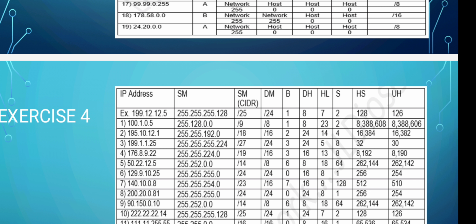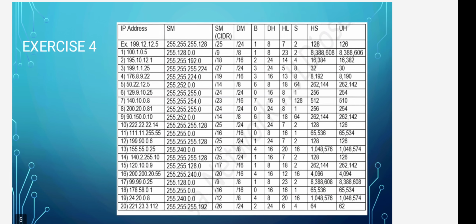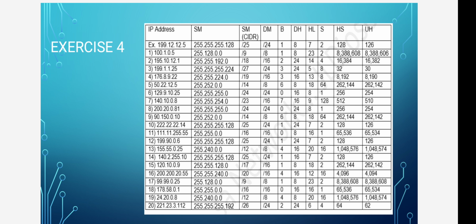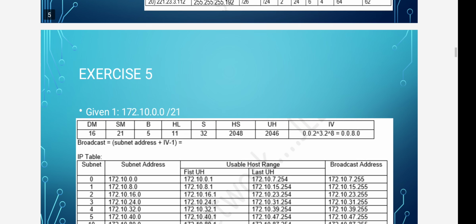And for the usable hosts, you just need to subtract 2. So 8,388,608 minus 2 is equal to 8,388,606. So upon getting that, you can get all the answers for problems 2 to 20. So that's all for exercise 4.